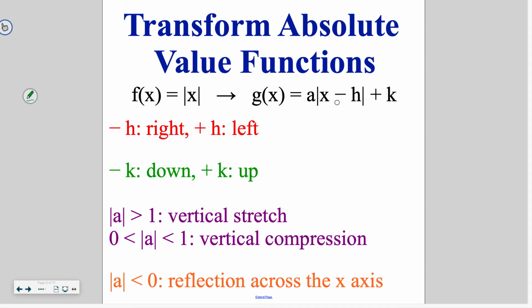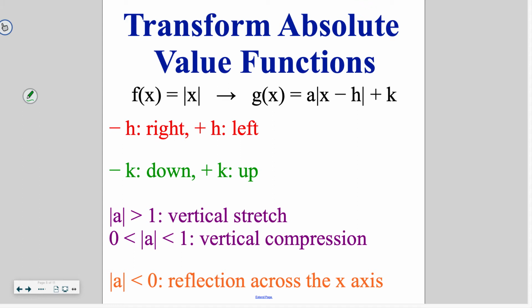So these values inside the absolute value bars move us left and right. If we jump to the outside of the absolute value bars, we have this plus k. If it is a negative k, so if there was a -5 on the end, that would mean the function is going down 5 units. If there was a positive 5 on the end, that would mean it's going up 5 units.